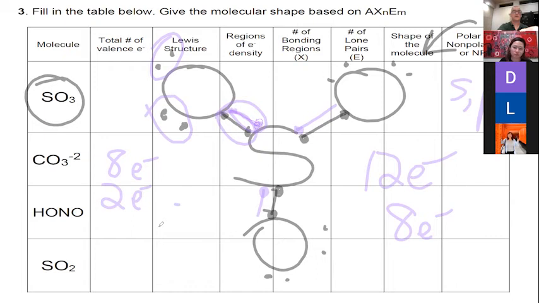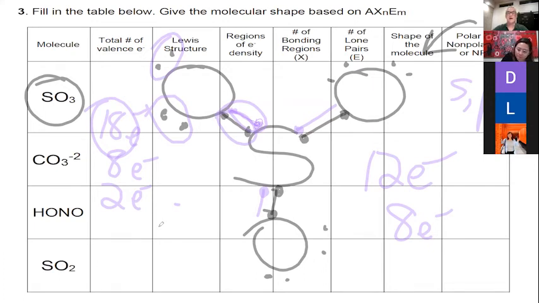So the 3rd energy level has room for 18 electrons. So I can keep stuffing electrons in there until I completely run out of room. So 12 is not a problem. I have room for 18. So sulfur can violate the octet rule, and it often does. So like I've said, if you find sulfur or phosphorus, be prepared for the octet rule to get violated, because they do it all the time.